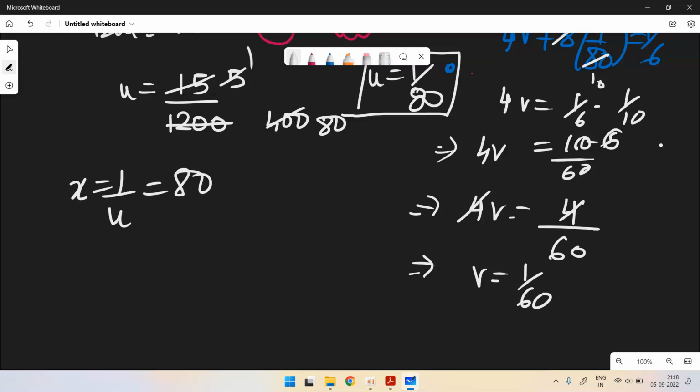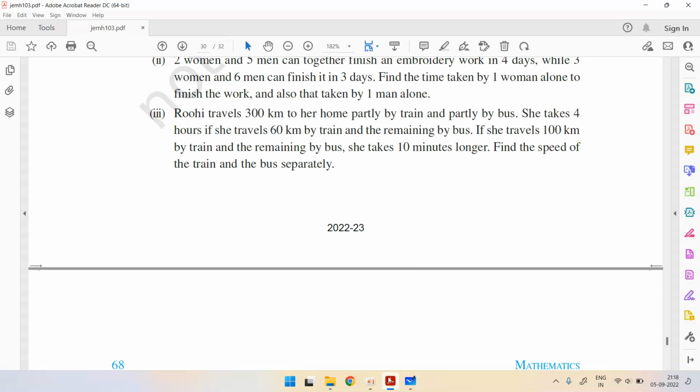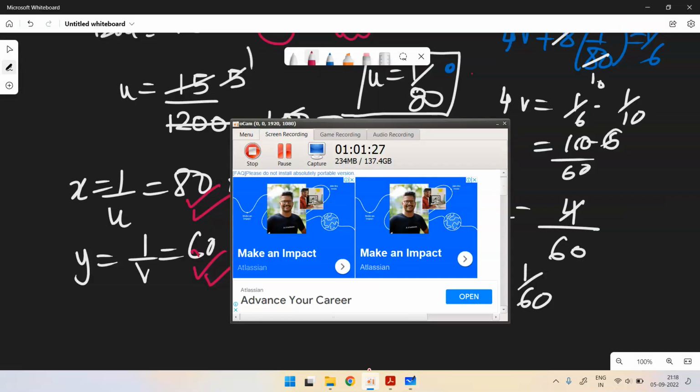So x is 80 km per hour, and y is 1 by v, which is 60 km per hour. The speed of bus is 80 km per hour and the speed of train is 60 km per hour, which is your answer. So thank you for watching this.